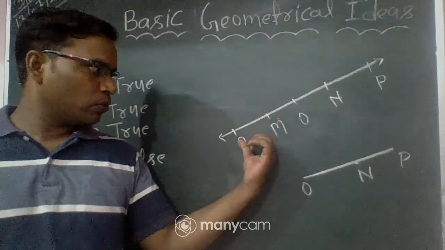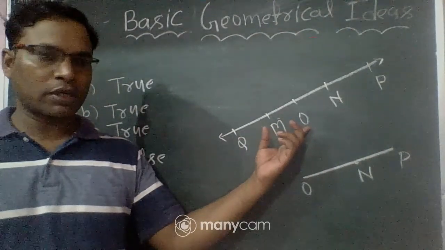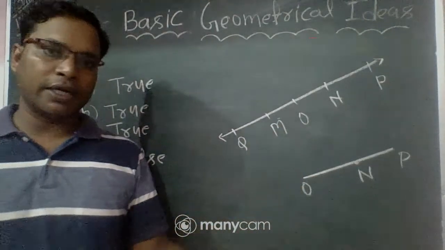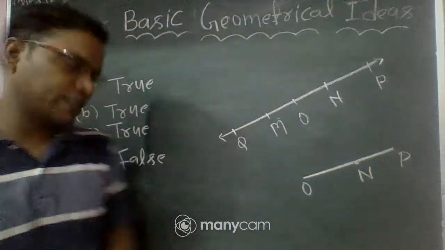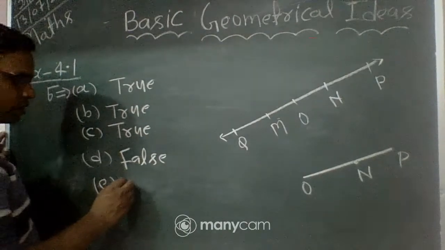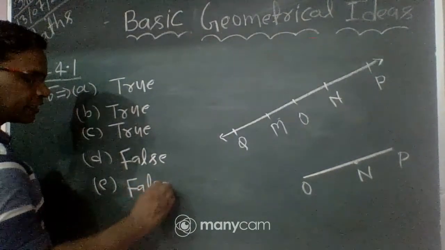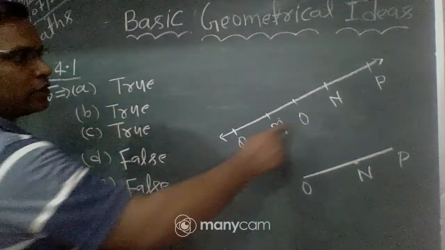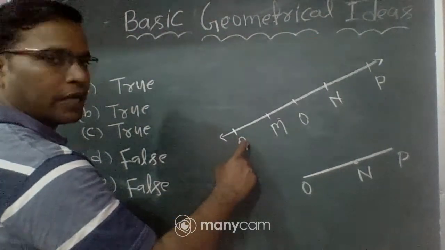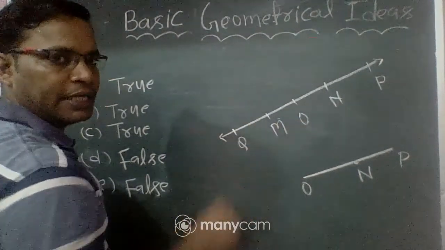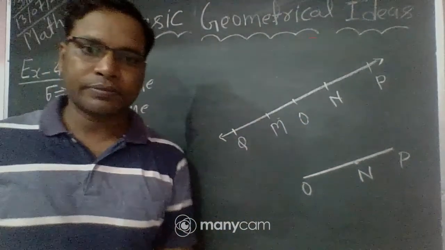Midpoint O है and Q है in line segment OQ में. Okay. M is the interior point. So this is false. The given statement is false because O and Q are endpoints of line segment OQ. M is the interior point. Okay. Next.